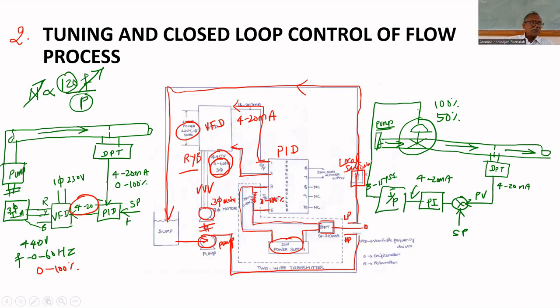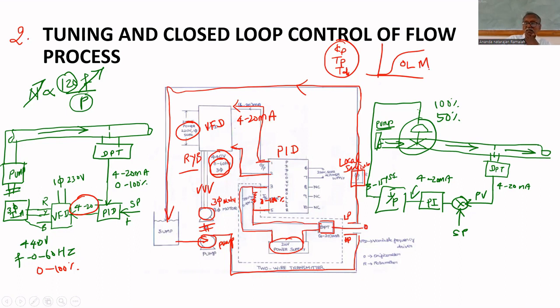Give a small change, say 5%. You will get the open loop response. It will be an S curve. That is called the reaction curve. From that you will find Kp, Tp, Td. By using these three, we can find the tuning parameters. That is called the open loop method.